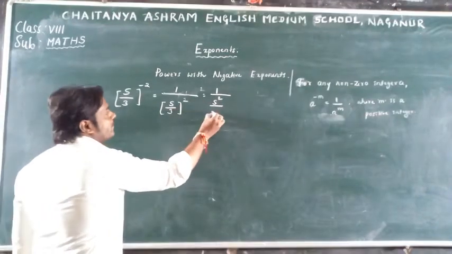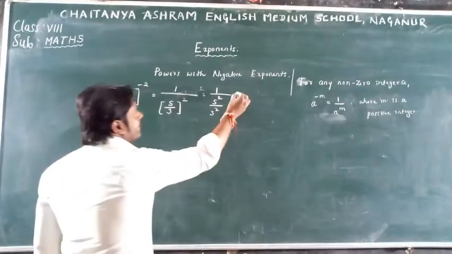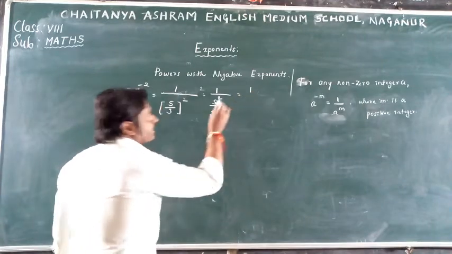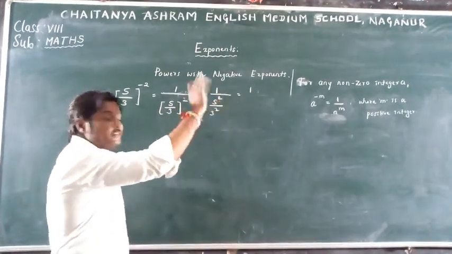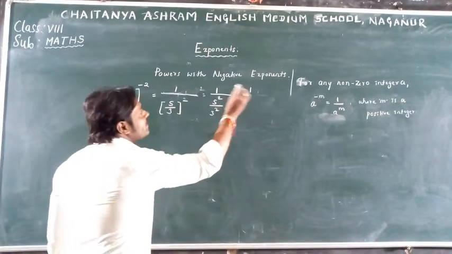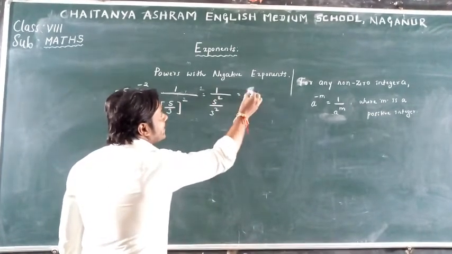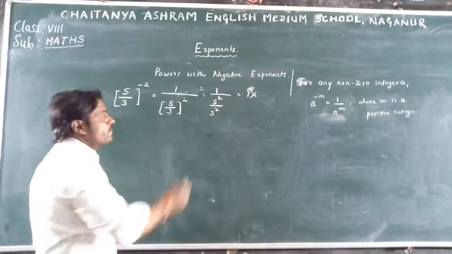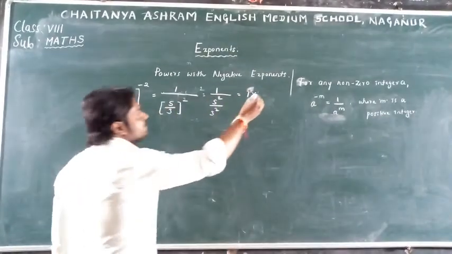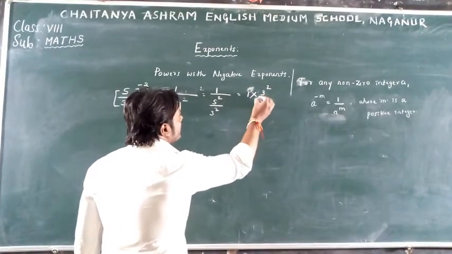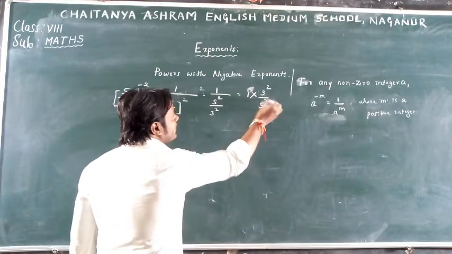Yes. Then shift this denominator fraction to numerator. In such case, this division sign converted into multiplication sign. Numerator and denominator of the fraction becomes interchange. That is 3 to the power 2 divided by 5 to the power 2.